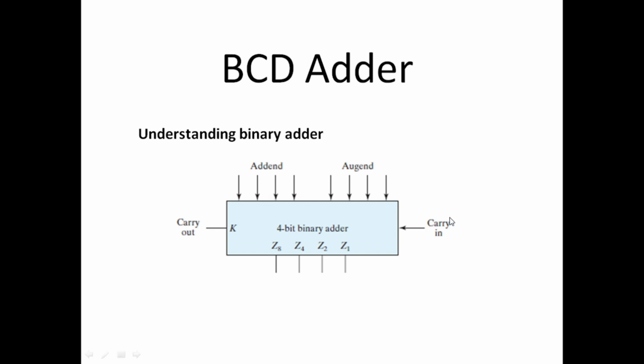Initially it gets an input carry. So this 4-bit binary adder takes the input carry and the 4 bits of the two numbers, and results in a 4-bit sum and an output carry.